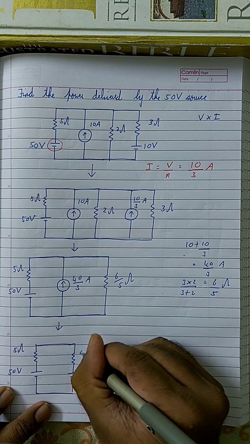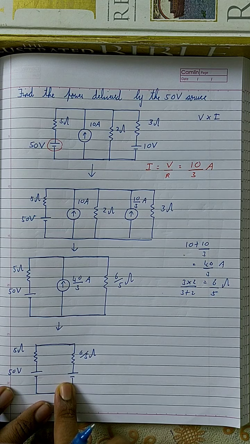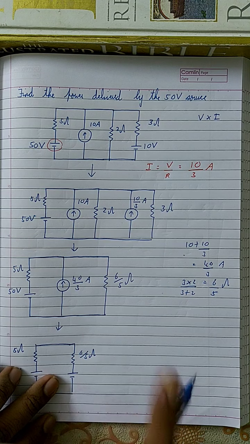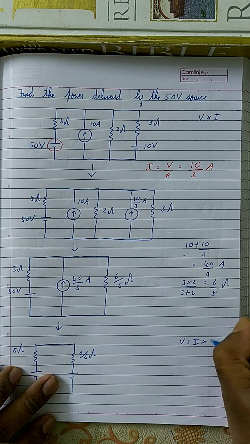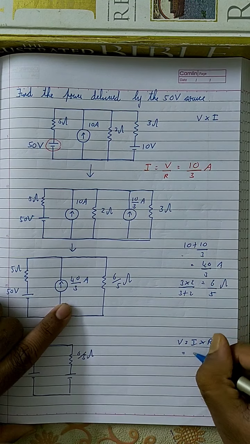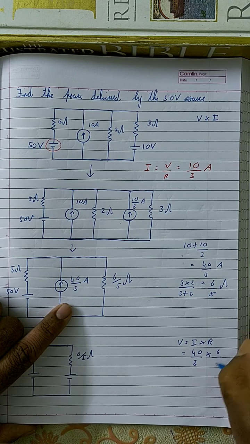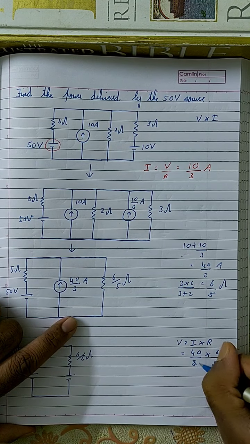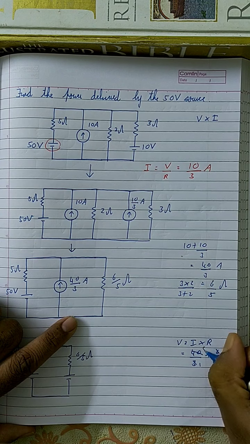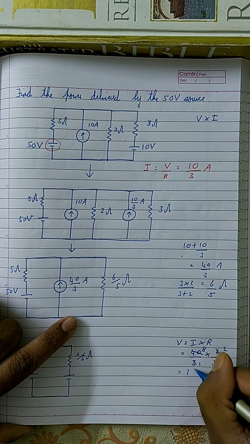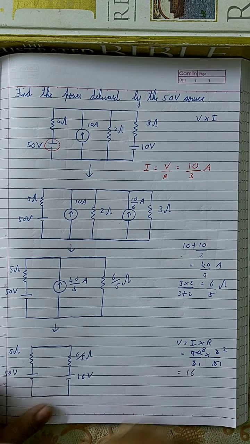This resistor is 6 by 5 ohm. And what's the value of this voltage source? The voltage source is V is equal to I into R. What is I? 40 by 3. And what is R? 6 by 5, which is basically 16 volt. So this voltage is equal to 16 volt.